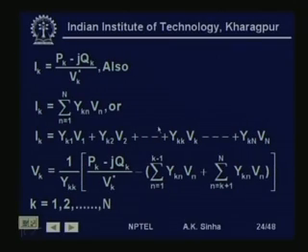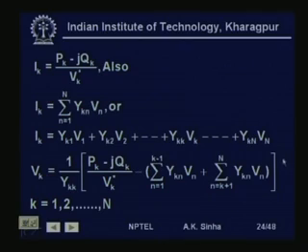Now, here what we can do is, except for this element Y k k into V k, if we take all the other elements on this side, then instead of writing I k, we write P k minus j Q k by V k conjugate, minus the summation of Y k n into V n from n is equal to 1 to k minus 1, that is up to this term, plus the summation of Y k n into V n from n is equal to k plus 1 to N, that is from here to here. So, leaving this term, all the rest of the terms have been taken on this side.